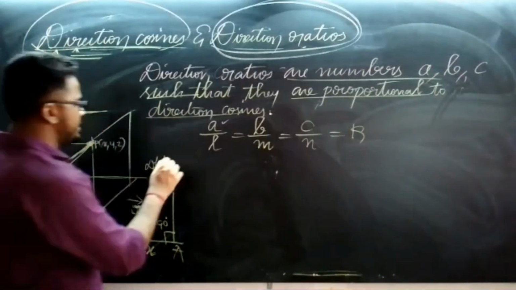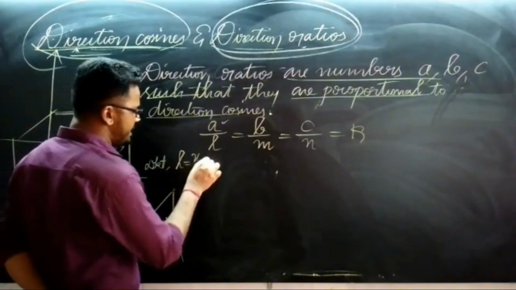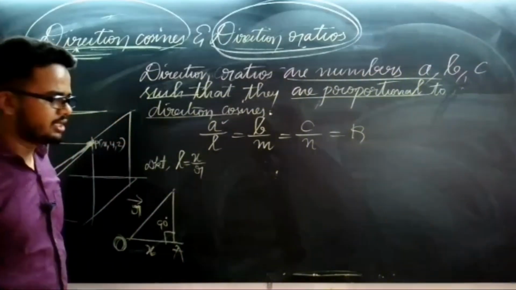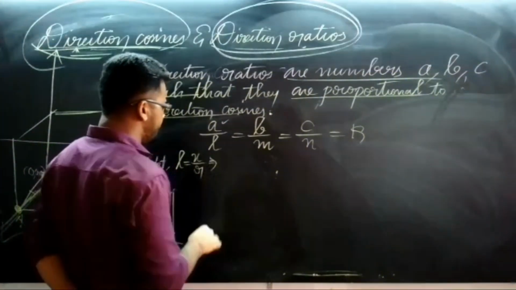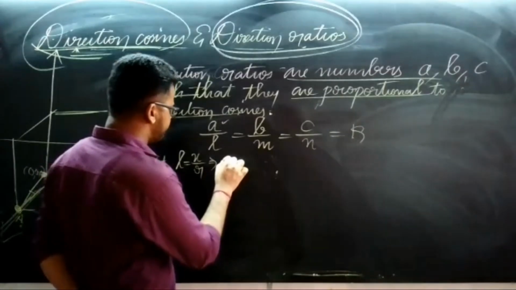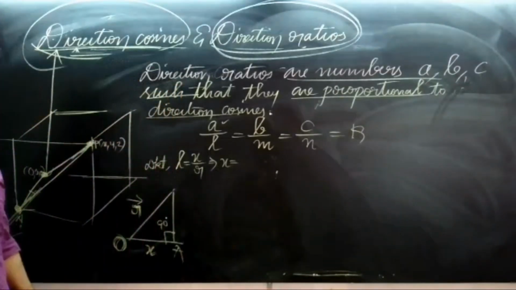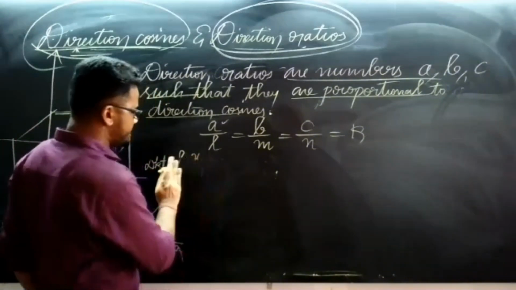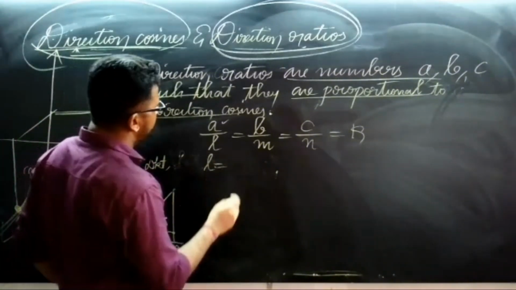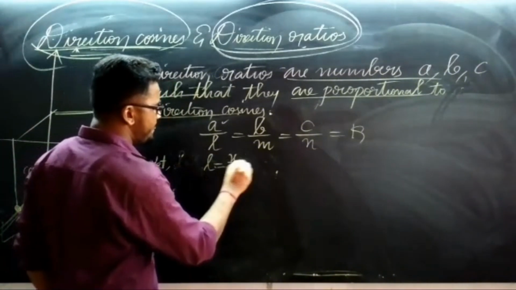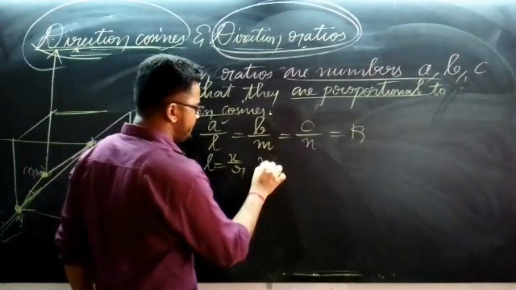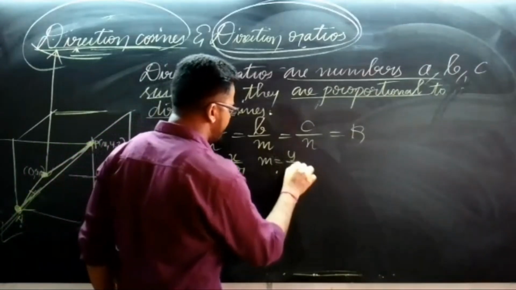L is X by R. In previous slide we have studied X by R. That implies L is equal to X by R, M is equal to Y by R, we shall write.